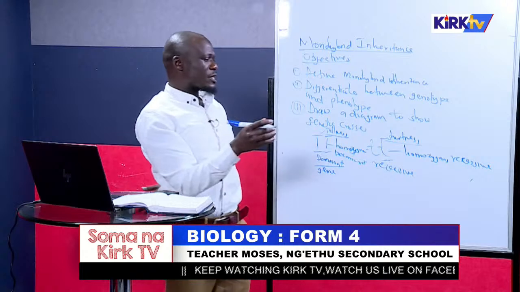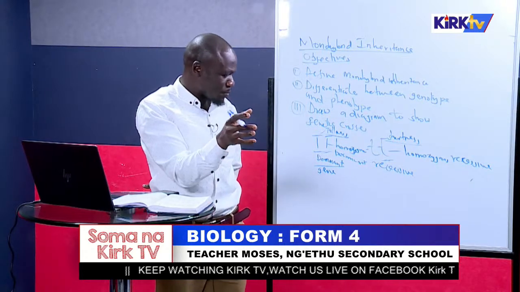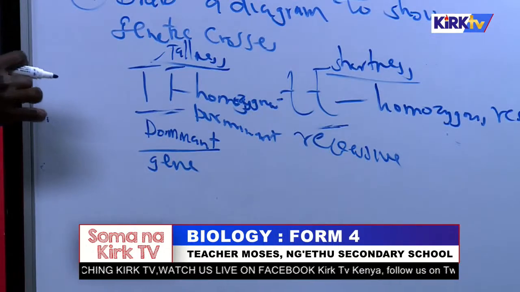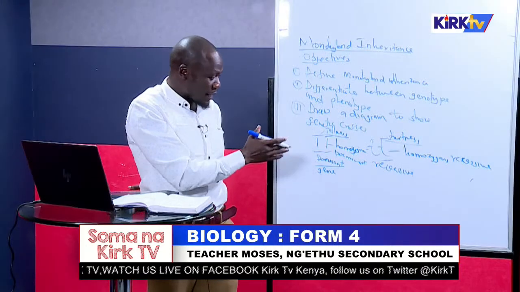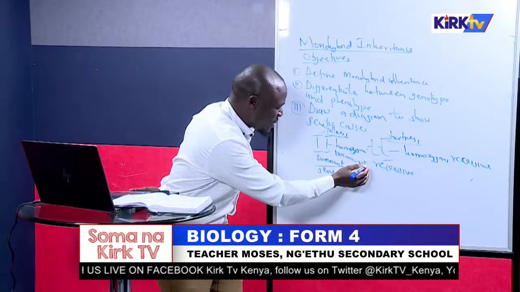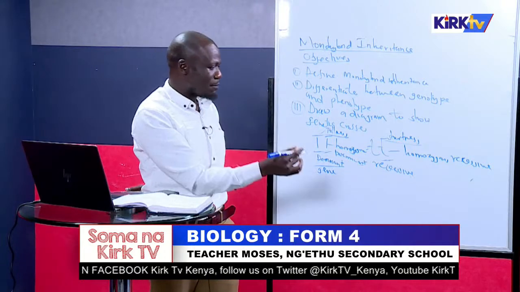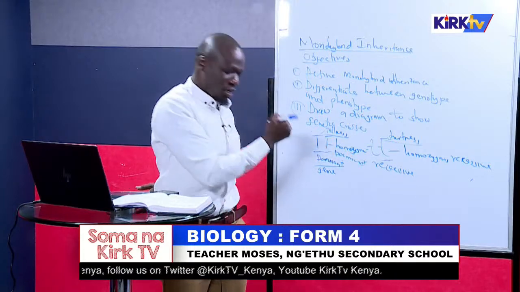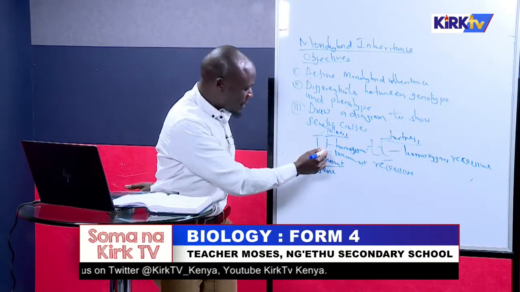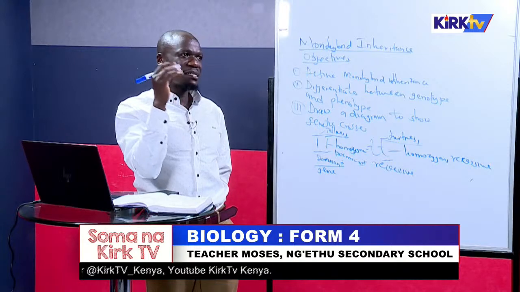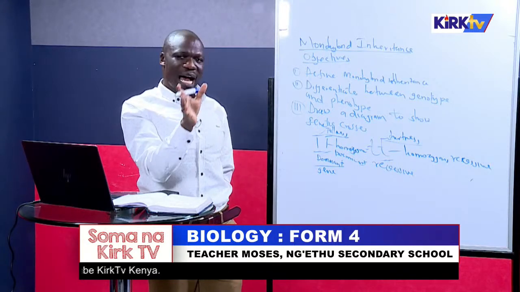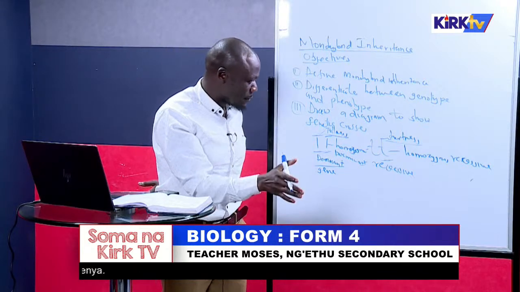So what I was trying to bring into your attention is that we must know about two types of gene that can be represented under genetics. The gene can either be dominant or the gene can be recessive. A dominant gene is that gene that suppresses the other gene, and the other gene here is a recessive gene.